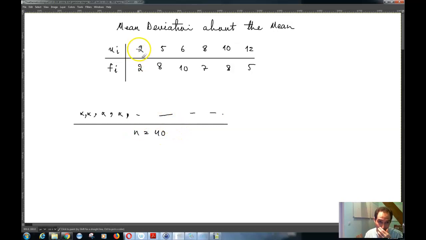And for example, over here you had 2 two times. You had 5 eight times, so 5 5 5 5 5 and so on, 8 times repeating.